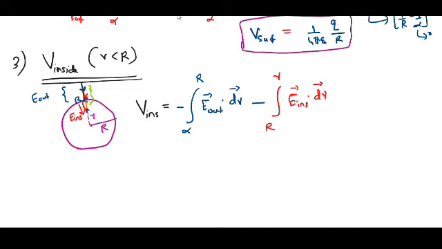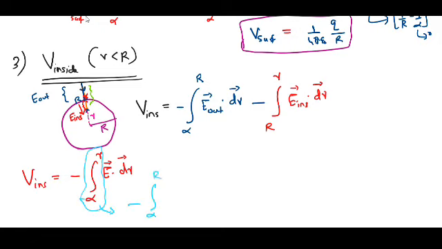The potential inside the spherical shell is, I have to come from infinity to r, E dot dr. This path I have split into infinity to the radius R, plus again minus, R to r.